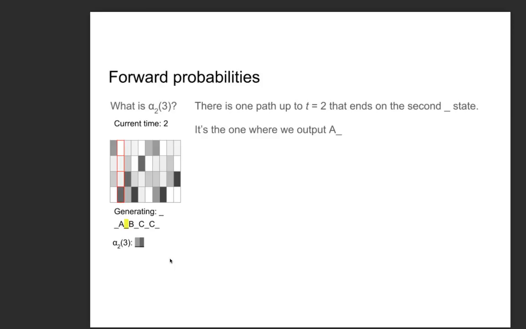So at the previous step, we must have been on the A. And so the only path that satisfies this is A and underscore. I guess that's a little confusing. Anyone have questions?